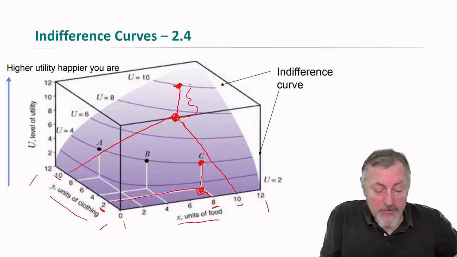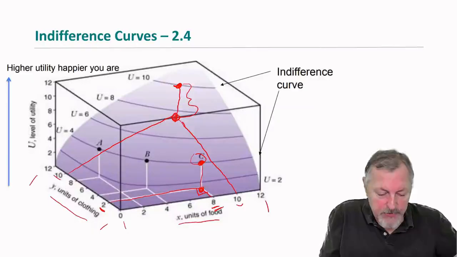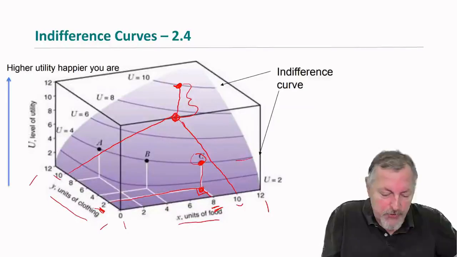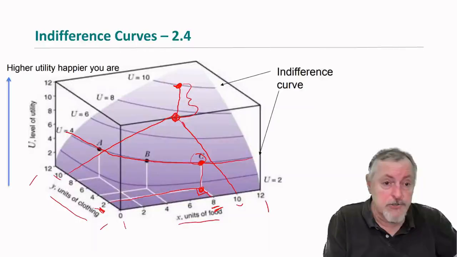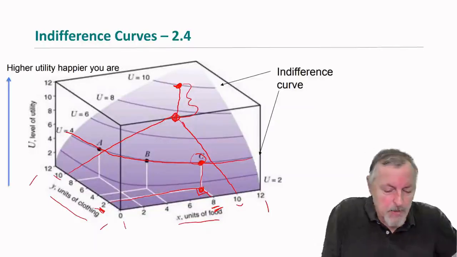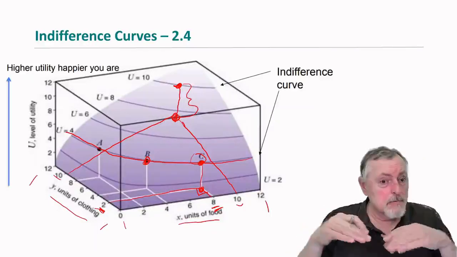Now, point C here, that's 8 units of food and 2 units of clothing. It takes you to this altitude, just like on a topographical map. But point B, it's the same height.